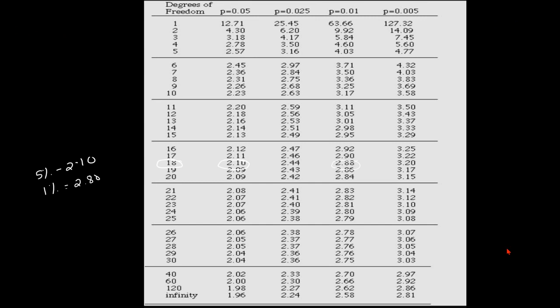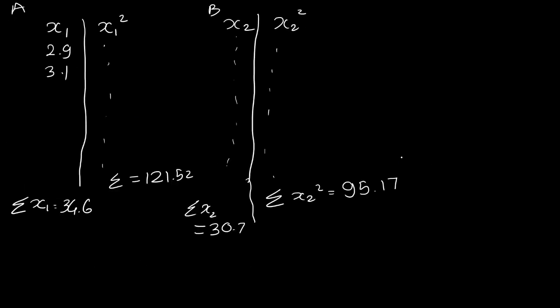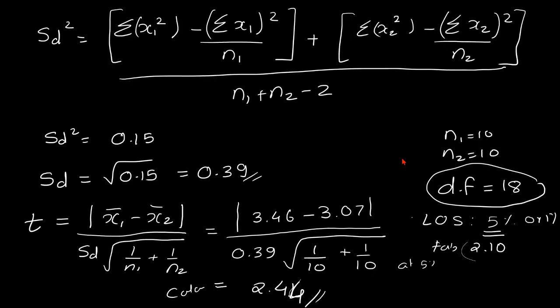Now similarly, if you check at 1%, the tabulated value was 2.88. So the tabulated value at 1% level is 2.88, and the calculated value 2.44 is less than this.